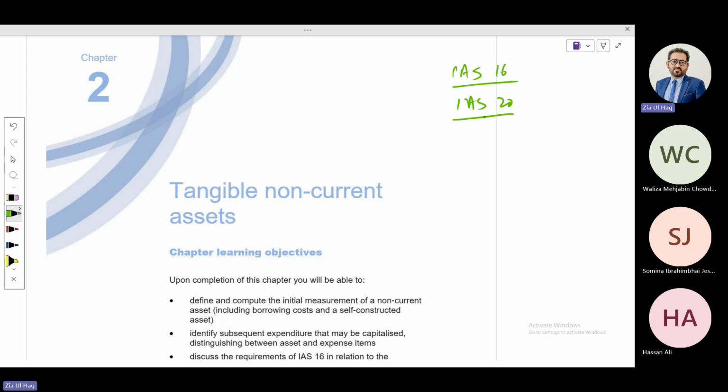And there are 2 more accounting standards left. One is IAS 23 borrowing cost and the other is IAS 40 investment property, which we will cover today. And then we will be able to finish this chapter. Then we will practice some questions relating to these 4 accounting standards and we'll move forward.